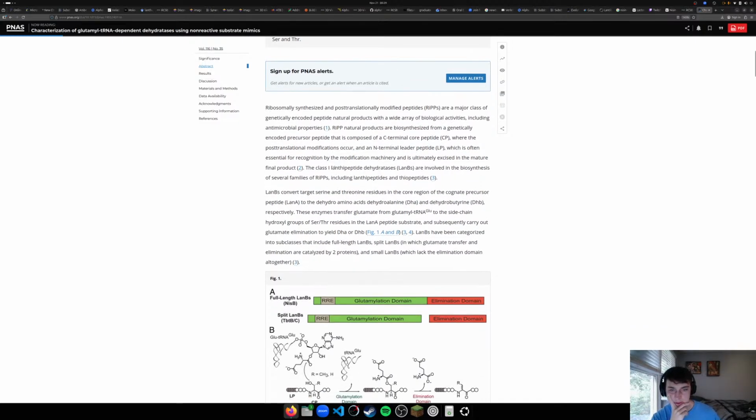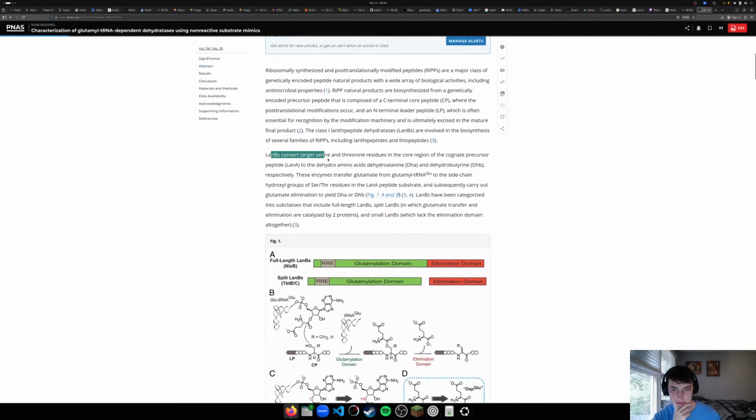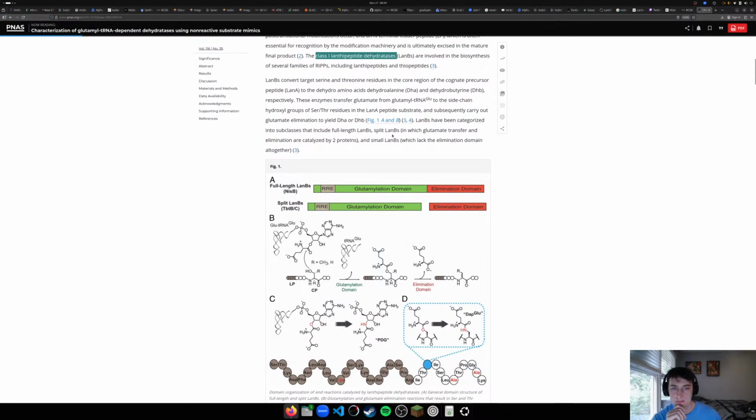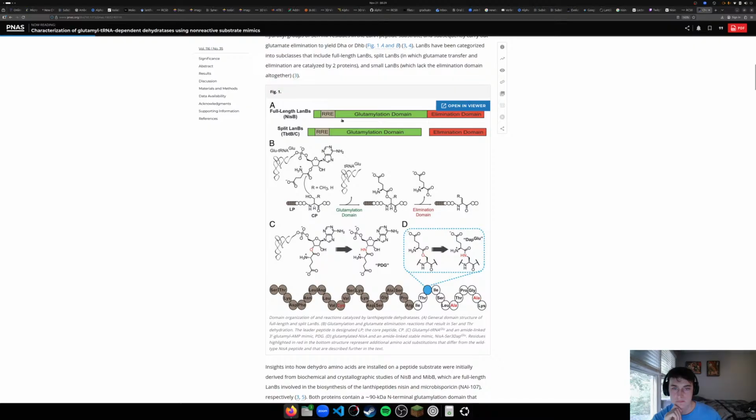Which are often essential for recognition. Class 1 dehydrations are involved in the biosynthesis. So this would be a class 1. And that's just the dehydratase. These enzymes glutamate from this side chain. Okay. Interesting.